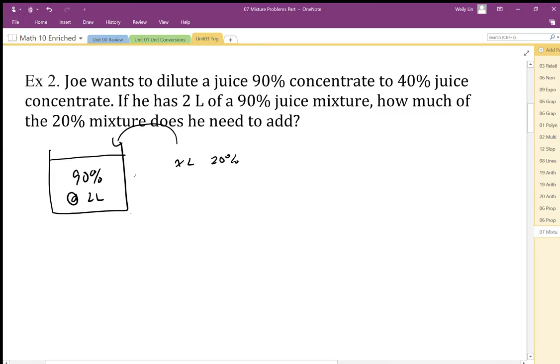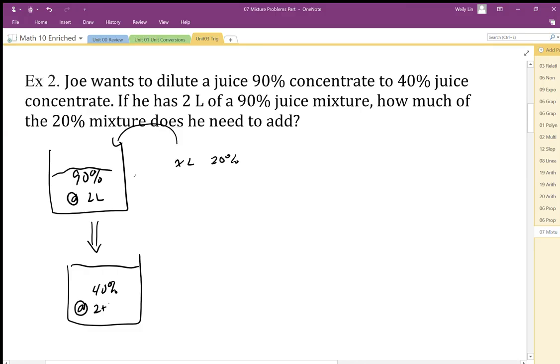Okay, and then the result is going to be a bigger amount of 40%. And this is going to be 2 liters plus x. We have to add some amount to the 2 liters to get the 40%.